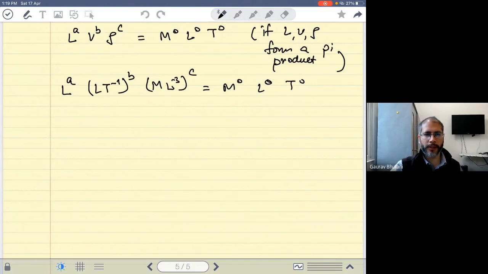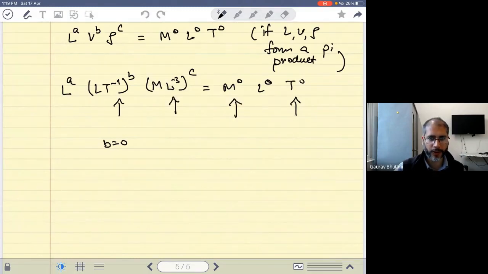So we can solve the three equations, and in fact we don't even need to do that, because we can check. T appears only in this term, and on the right hand side T is 0. So this means your B is 0, and then M appears only in this term, and on the right hand side M has a 0 coefficient. So that means C is also 0, and if B and C both are 0, then the only way L can have a 0 here is if A is 0.